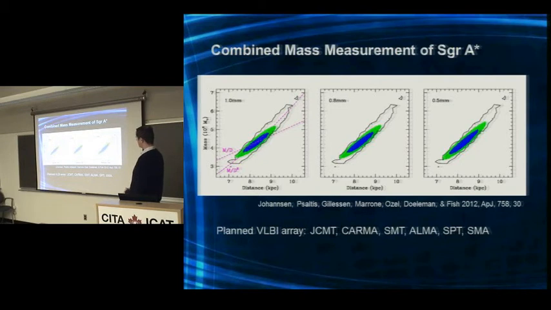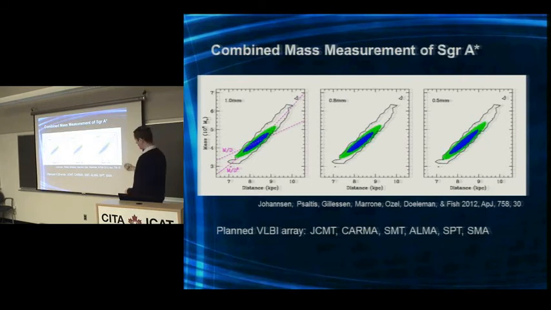Okay, one thing that I did, for maybe this kind of array, including ALMA and the SPT, I simulated the results for a mass measurement that you would get with this kind of setup. So you can measure the mass and the distance of the galactic center black hole by observing stars orbiting around it. You observe the orbit of the star, and then from Kepler's law, you can infer the central mass. And people have done this with great precision, and this black line here is the 2 sigma contour that you get from the stellar orbit measurements.